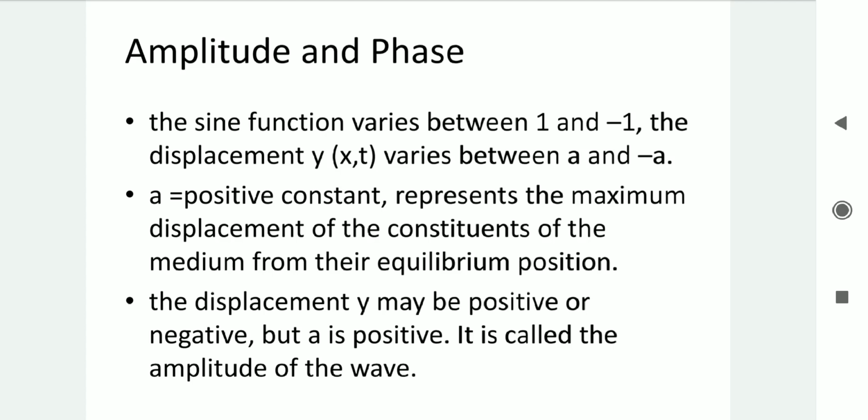This A is a positive constant which represents the maximum displacement of the constituent of the medium from its mean position, equilibrium position. The displacement y can be positive or negative, but the amplitude A is always positive, which is called the amplitude or magnitude of the wave.